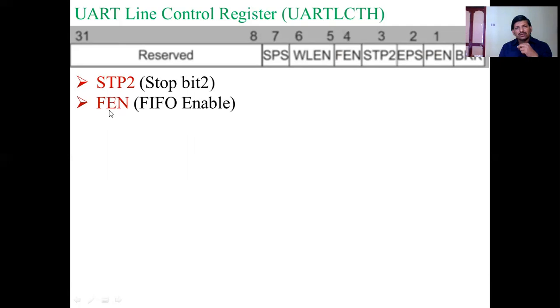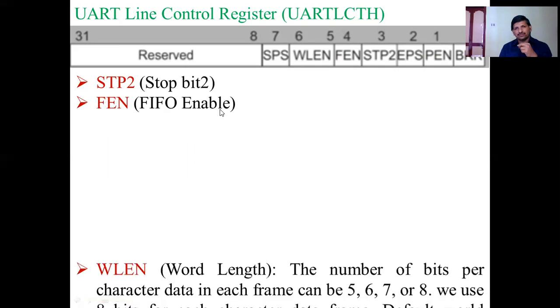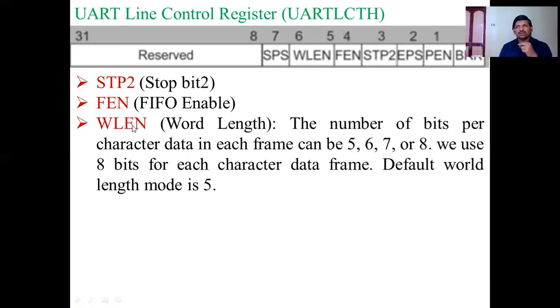Next, FIFO enable means we are enabling the buffer. The first in, first out buffer will be enabled by giving the value 1 to FEN. Next, word length. How many data bits do we need to transfer? By default, this UART module transfers 5-bit data.